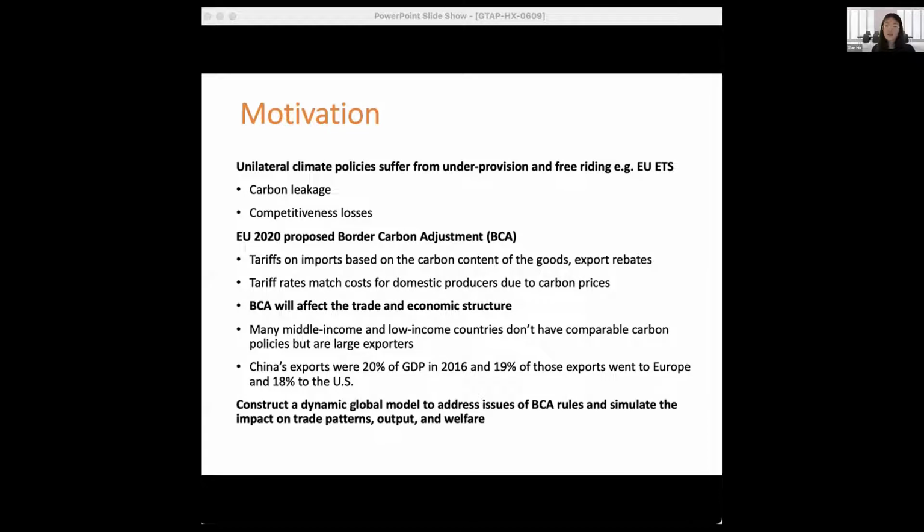I will discuss this policy in more detail later, but the point is that other countries without comparable carbon policies, like some developing countries, but which are also large exporters to the EU, especially China, a major trade partner of the EU, are concerned about these proposals. So our goal here is to simulate the BCA proposals using a global trade model to see how different regions of the world will be affected in trade patterns, output, and welfare.